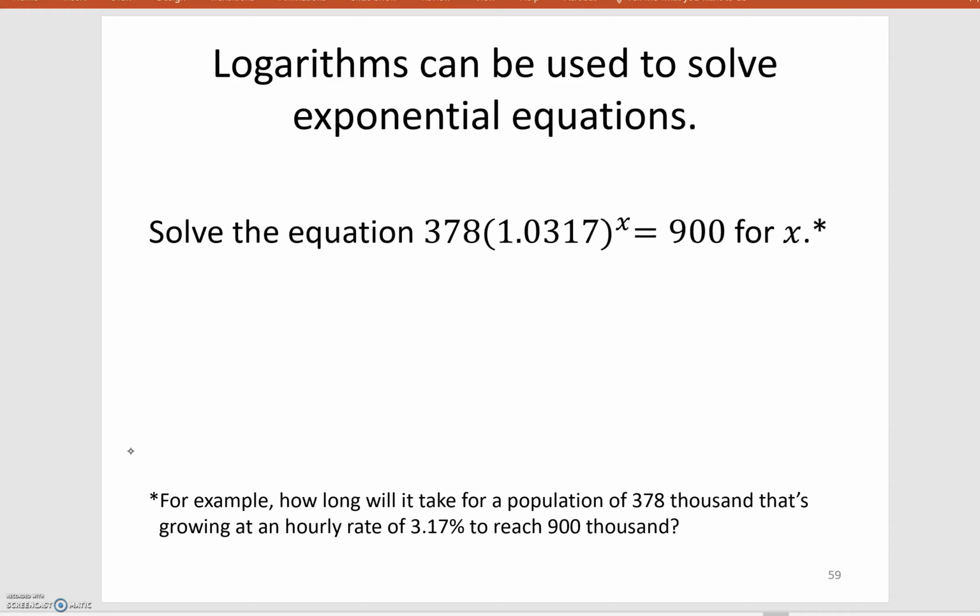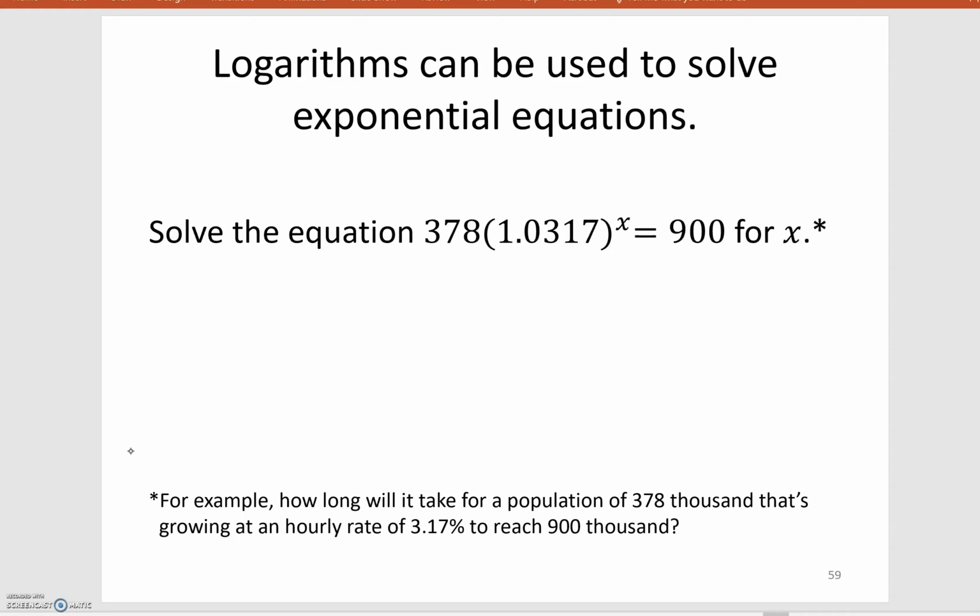I'll give you an example right here of how we could use these properties. So here's an equation, and I'm going to solve this algebraically, at least as much as I can. So I've got 378 times 1.0317 to the x equals 900. Now this is an exponential model, an exponential equation, and there's an interpretation down here in terms of math modeling.